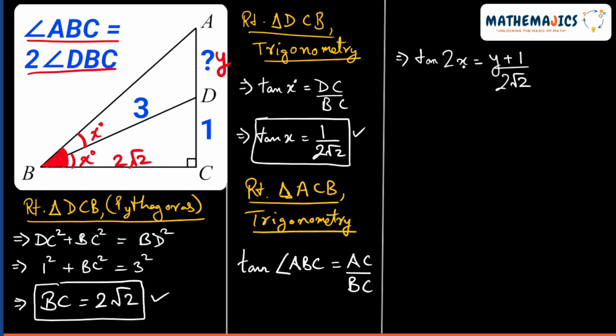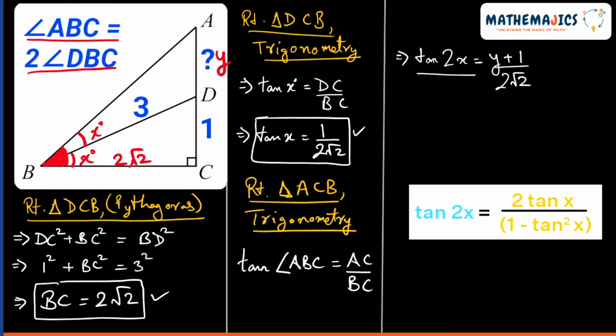Now we will be using one formula of tan 2x. Let's see what is that formula. So this is the formula of tan 2x that we will be using after this step. Tan 2x is 2 tan x upon 1 minus tan square x, is equals to y plus 1 upon 2 root 2. After this step, what we will be doing?